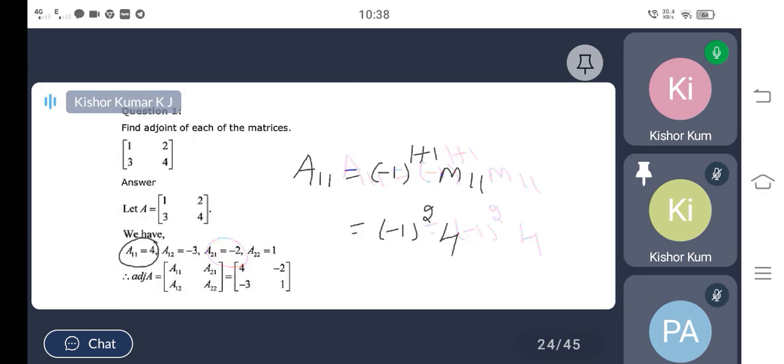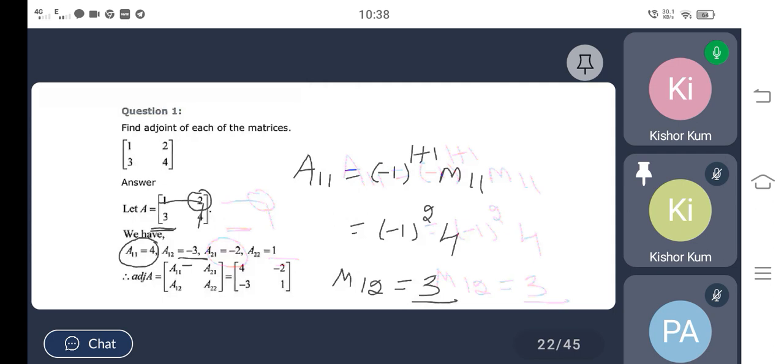But to calculate A12, first you should calculate the value M12. M12 means you have to delete the corresponding row and column elements of the second element of the first row. Whatever element you are left with, that is your M12 value. And when you apply it in the cofactor, you will get minus 1 to the power of 3, that will be minus 1. Minus 1 into 3 is minus 3. Your A12 value is minus 3.